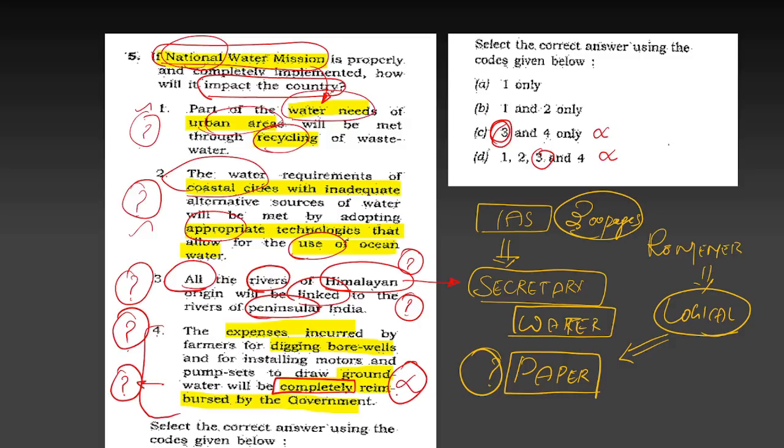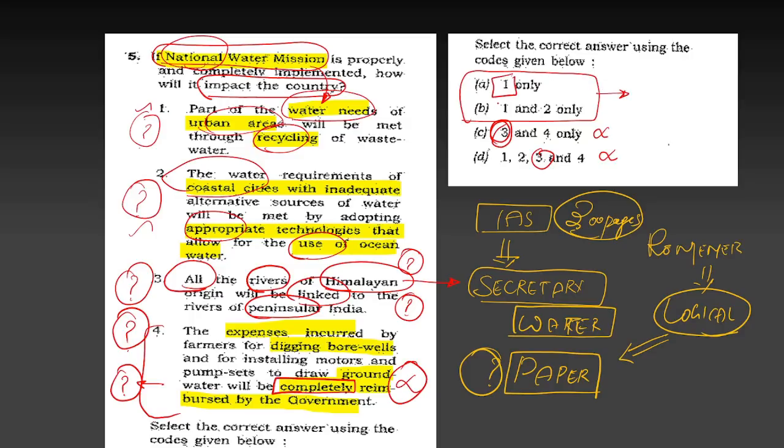It's not possible to give everything, because with expenses incurred in digging borewells, if you start doing everything, groundwater will start depleting. So you cannot reimburse everything. As a secretary you should be very economical, because you are dealing with people's money. So these two options you are left with.